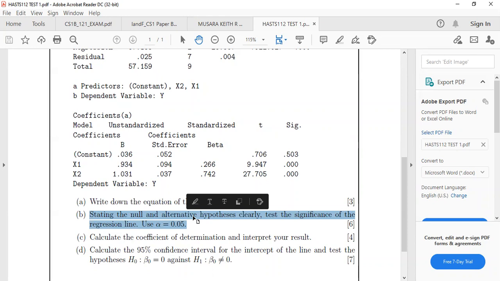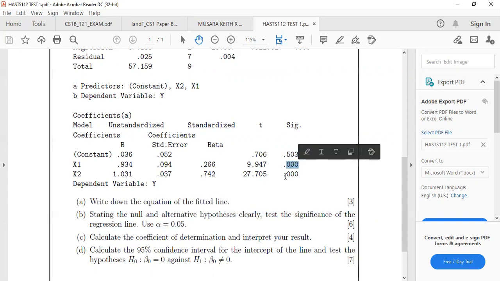So which approach do we use then? Which approach to use? Are we going to look at them separately, like looking at the p-values for each coefficient, or do we have another approach that you should use when testing the significance of the regression line?